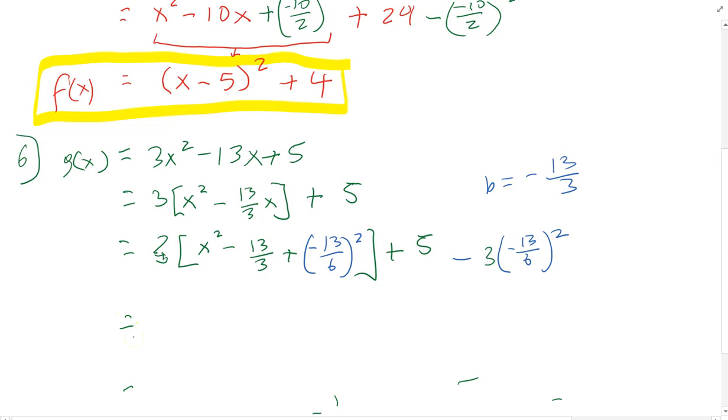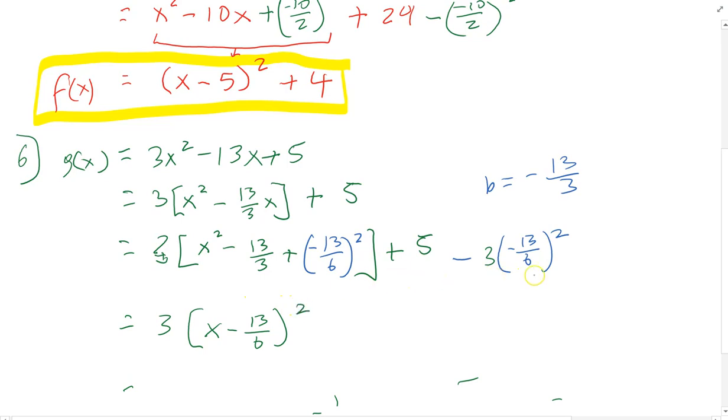So finally, we will continue working through all of this. And when we finish, what we will end up getting is 3 times parentheses x minus 13 over 6, which is from the completed square here, all squared.